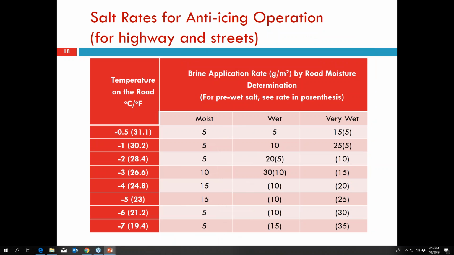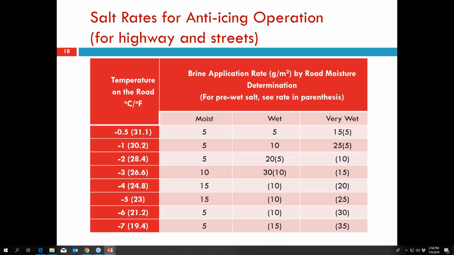And this is a table from a Finland study. Their practice is based mostly on the moisture condition on the road, the snow condition, and the predicted temperature on the ground, and based on these parameters, they recommend this kind of application rate.